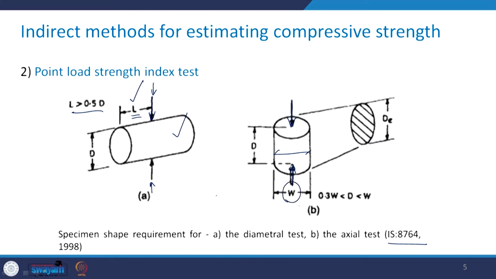There is a relationship between D and W and it should follow this. That is, this dimension D should be between 0.3 W and W. If this is not satisfied, then the value that you get from the point load strength index test cannot be used for the determination of the compressive strength.